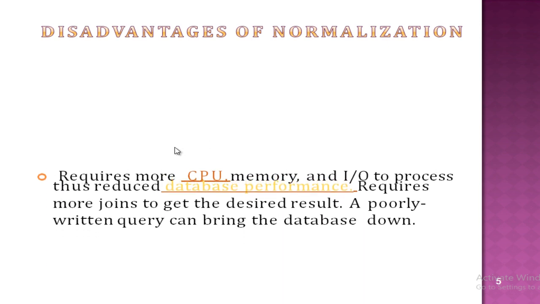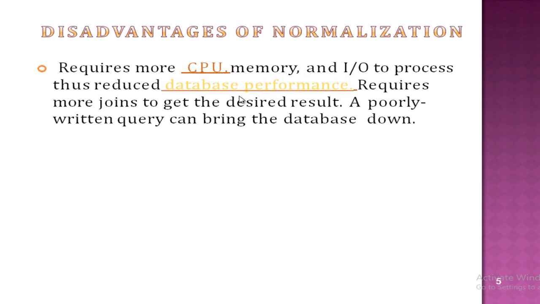Then the disadvantages of normalization are more CPU utilization, more memory utilization, and input output to process, thus reducing database performance, or sometimes we require more joins to get the desired result. And sometimes we write poor queries, then we can get poor performance.